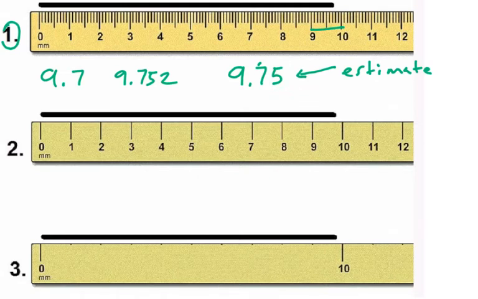All right, let's go down to my next ruler. Here, all I can do is measure, okay, well, I know that this line goes after the 9, and then I'm going to make my estimate. I'm not looking at my ruler above. Maybe it's like 9.8, with 8 being my estimate.